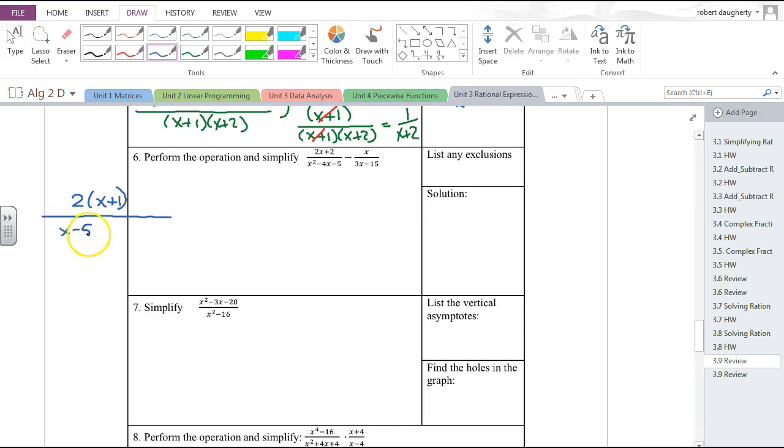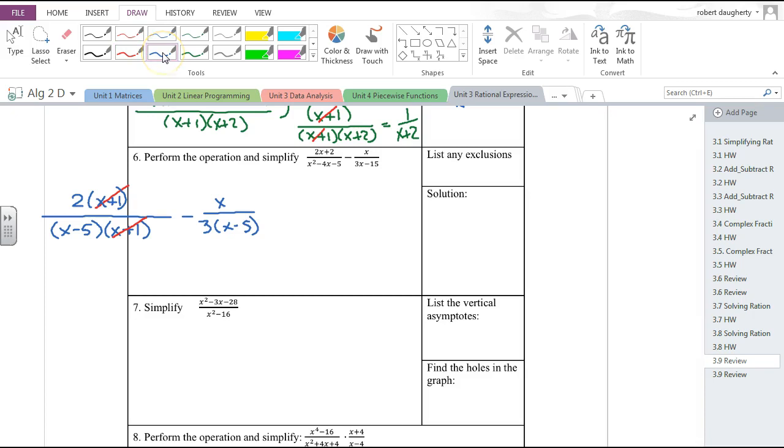So this is x minus 5, x plus 1, minus x over, this is 3 times x minus 5. Now, factor wherever you can, simplify wherever you can. X plus 1 divided by x plus 1, that is 1.